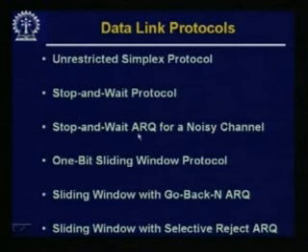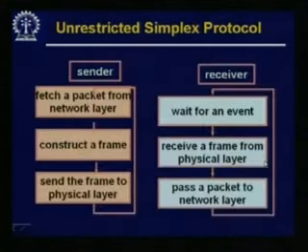First, the unrestricted simplex protocol. It simply sends; it does not do any kind of error control. So, this is the simplest situation. We have a sender: fetch a packet from the network layer, construct a frame, send the frame to the physical layer. The sender just goes on sending without bothering about what is happening at the receiver end.